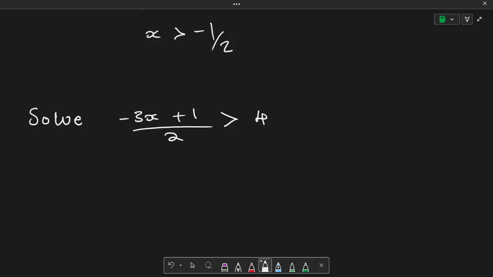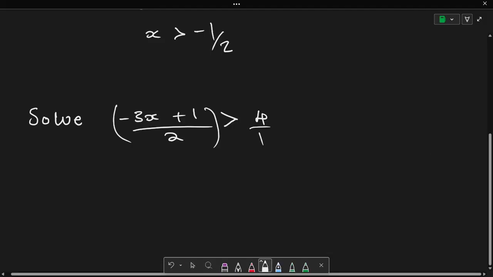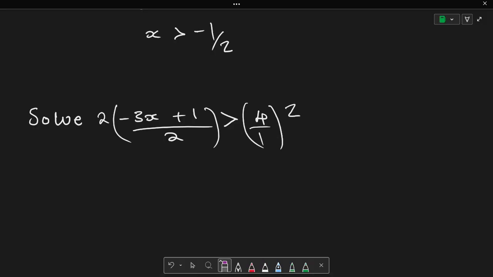So what we can do is we can say we are cross multiplying this, or what we can say is that we are multiplying both sides by 2, which is just one and the same thing. So if we say we're multiplying both sides by 2, we mean that we multiply by 2 here, even this other side we multiply by 2, but it's the same with the cross multiplying.